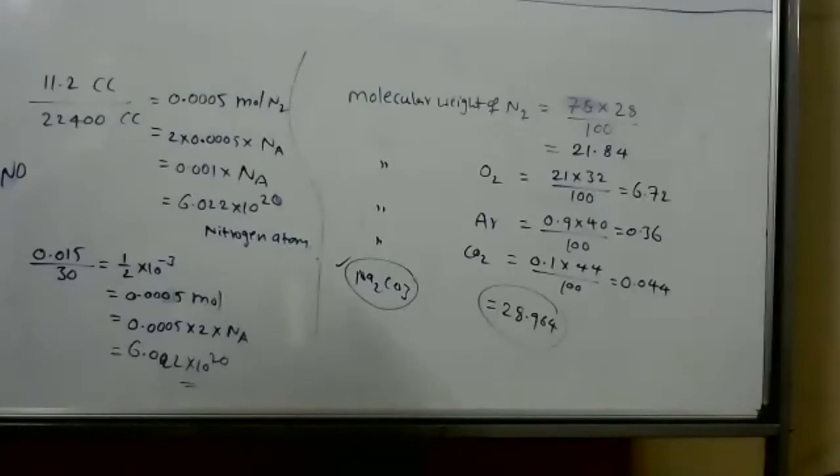Okay, read the next question, question number 32. Calculate the number of moles left after removing 10 to the power 21 molecules from 20 mg of CO2. Here the given mass is 0.02 grams of carbon dioxide.